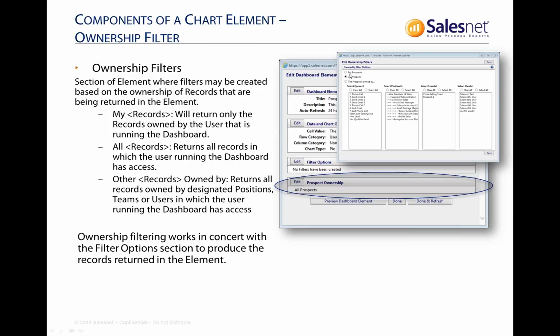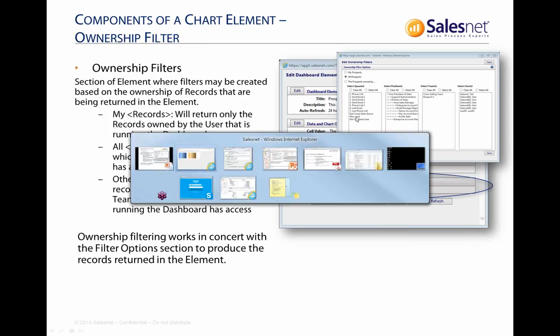If we set it to all prospects, whenever someone else runs this dashboard, they're going to see all the data they have access to. Or we can hard code it, so to speak, to only look at a specific set of users, or a team, the cross-selling team, or give me everything from a given queue, if we're talking about the leads area.